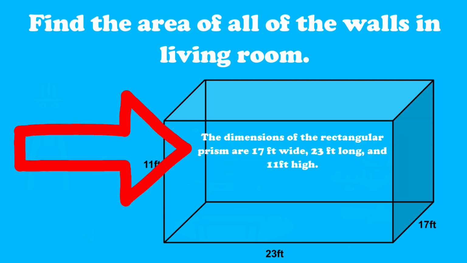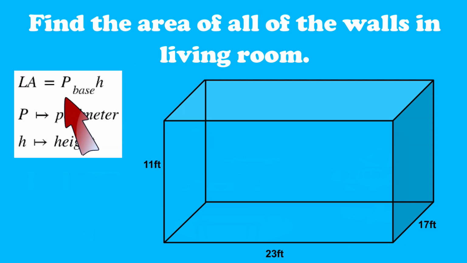The dimensions of this rectangular prism are 17 feet wide, 23 feet long, and 11 feet high. Lateral area is the perimeter of the base times the height. And that would be the height of the prism.